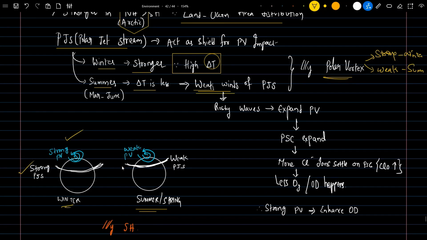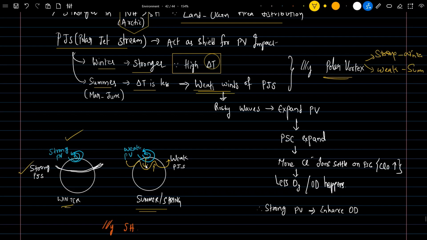Whenever the polar jet stream is weak, it will not be in this fashion, but rather in meandering form. Why is it in meandering form? Because the cold air from the polar vortex is pushing in this way and the warm air is pushing in this way.